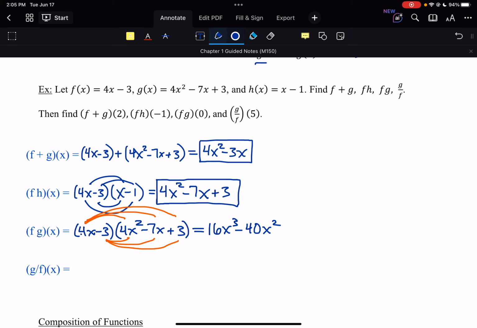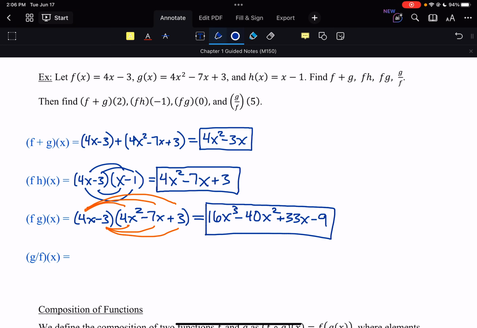Then we have plus 12x, and then plus another 21x. So that's 12 and 21 is 33, and then minus 9. If you're still warming back up into these algebra topics, you can go term by term, write everything out and then combine like terms afterwards, and that's fine too.